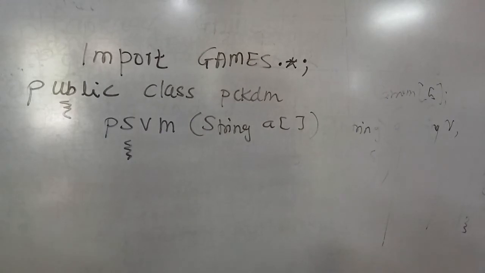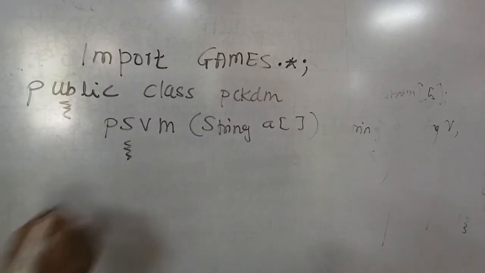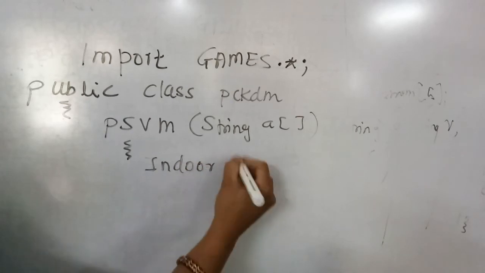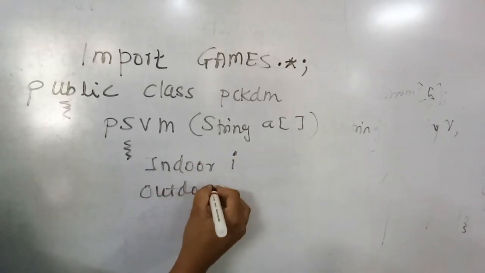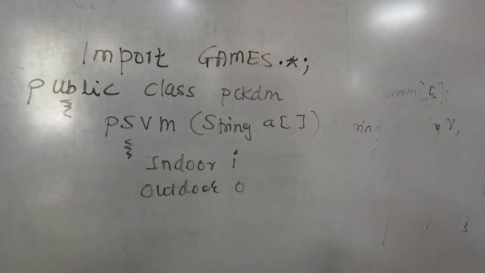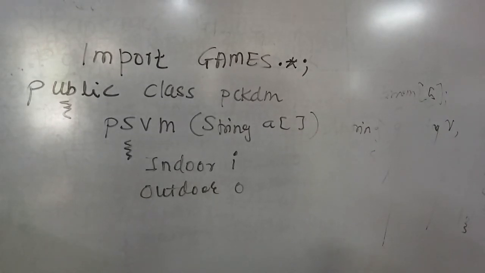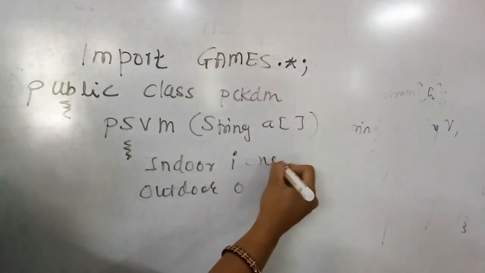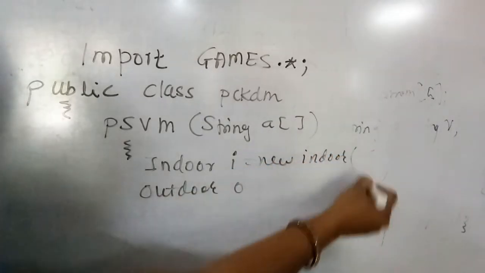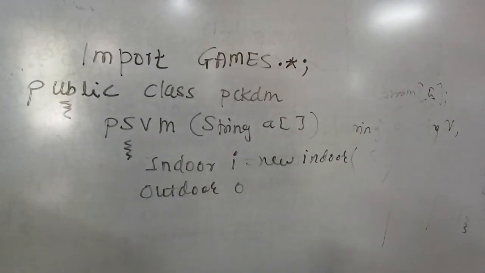Now what task do we have to perform? We have to create the objects of the two classes, indoor and outdoor, for example indoor type I and outdoor type O. Okay, here what we are actually doing: while creating the object, you all know that when a constructor is defined, it is automatically called with the object creation, for example indoor type I equals new indoor, and you will accept different names of the indoor players in the brackets here.